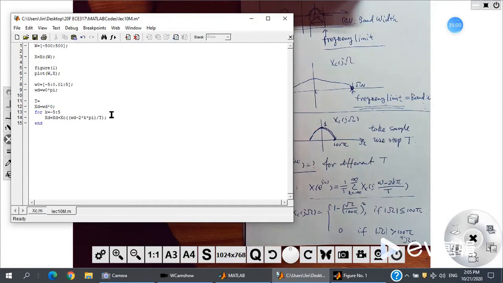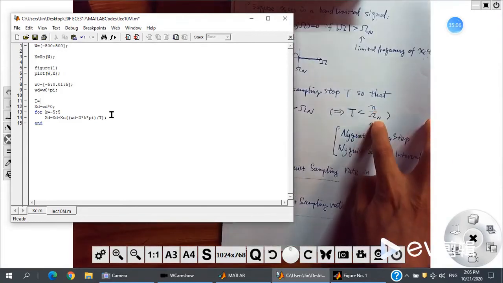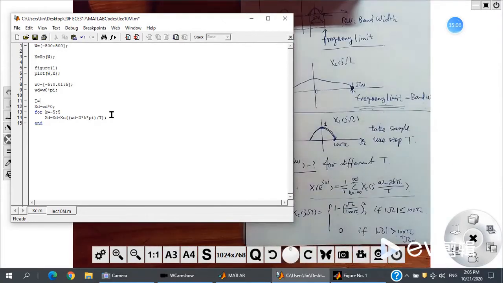That will be pi over omega n, right? Now omega n is what? It's 100 pi. Okay, just pi over 100 pi. It's 0.01. Okay, first one we choose this T.